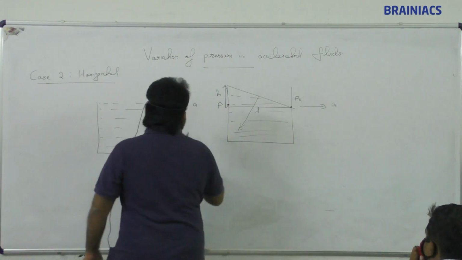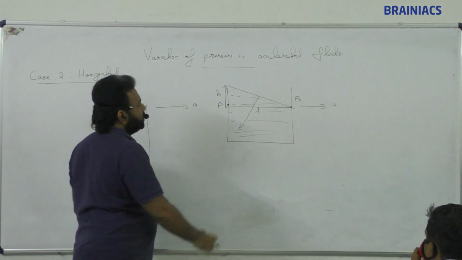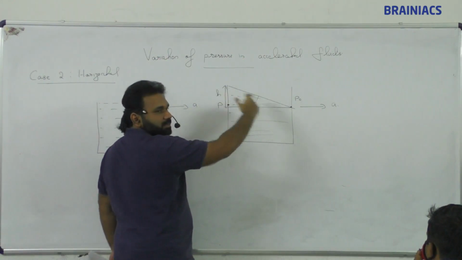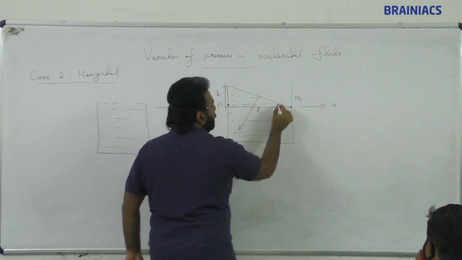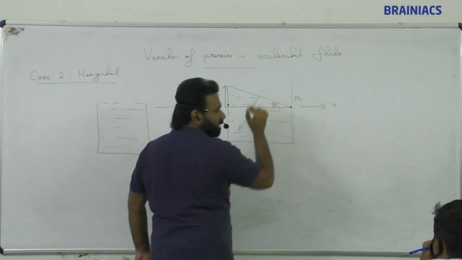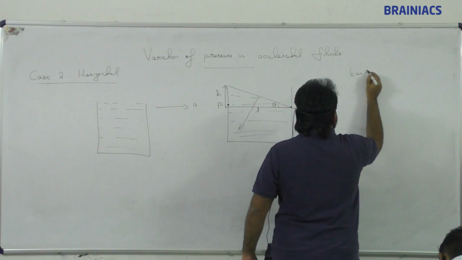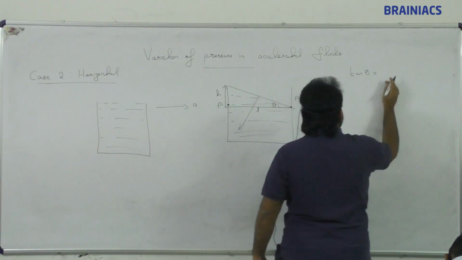Okay, so it is moving with acceleration. Now it is moving, the water is coming in this way. Now if we put an angle theta here, then we can write tan theta is equal to what?